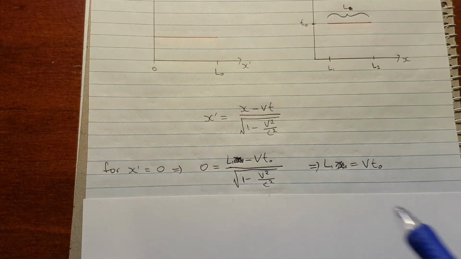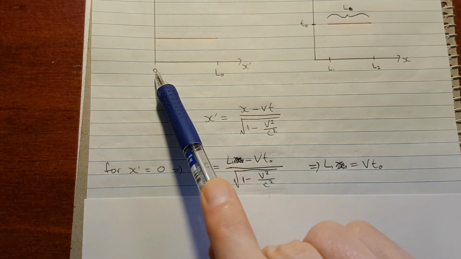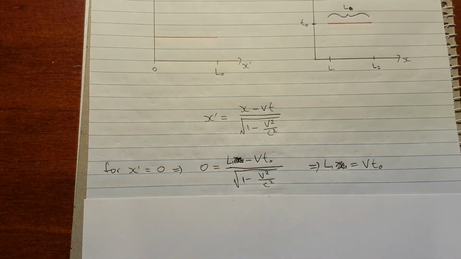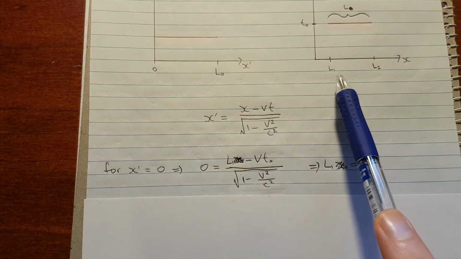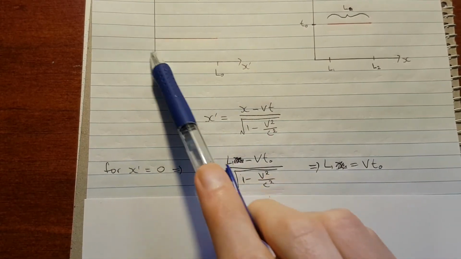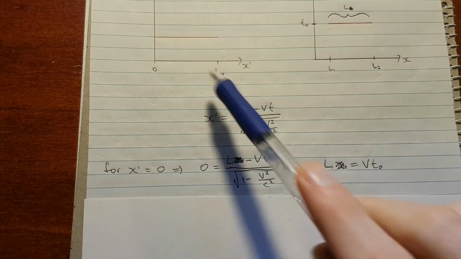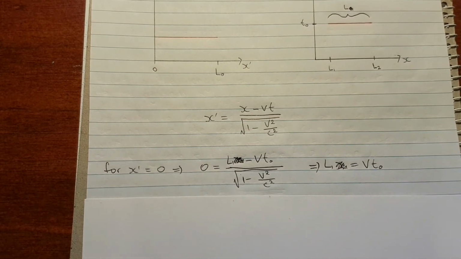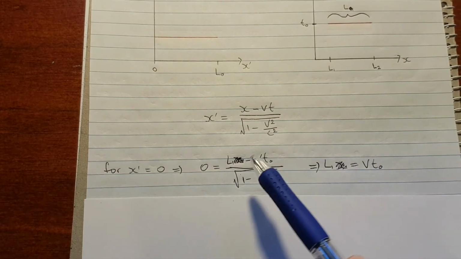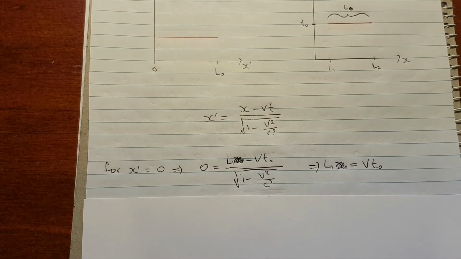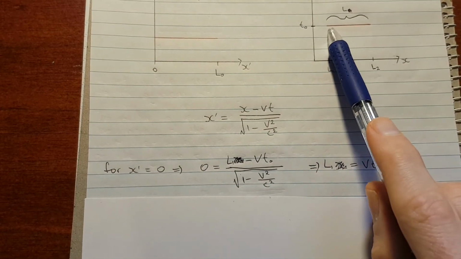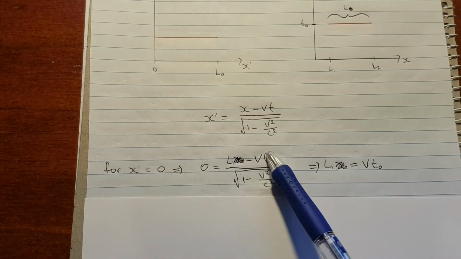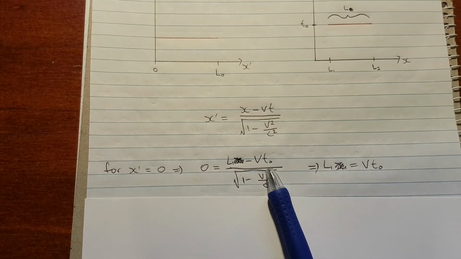Now we plug in again our x primed equals 0, because that was one end of our ruler over here. So we get 0. Our x, this start end of our ruler in K prime, corresponds to L1 in this K system. So this x will be L1, because this end is the beginning of the ruler, minus v times t0, because we're not starting at t equals 0.